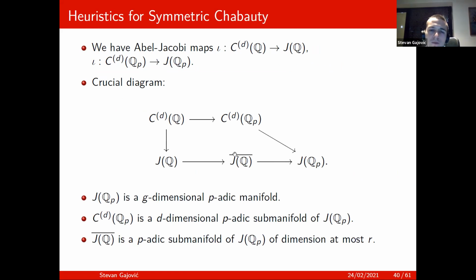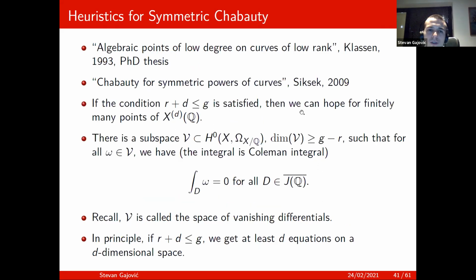If we have J(Q_p) of dimension g, and now X^(d), the d-th power of the curve, has dimension d, and here we have some submanifold of dimension at most r, then we want d plus r to be at most g to hope that their intersection is finite. So the Chabauty condition in this case is r plus d less than or equal to g. We can see that if d is 1, this is exactly the Chabauty condition.